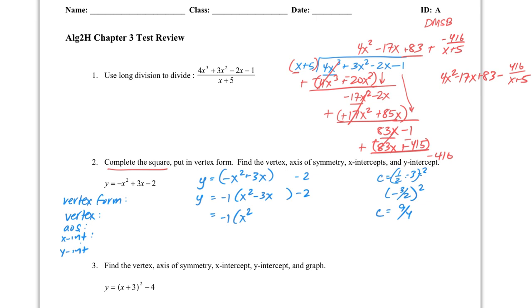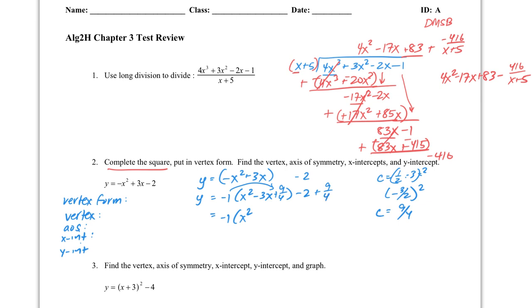So we're going to do plus 9 over 4. And then since I'm doing it on the same side, I should be subtracting 9 over 4. But in reality, what I'm really doing is subtracting 9 over 4, because minus 1 times 9 over 4 is negative 9 over 4. So this has to be a positive 9 over 4.